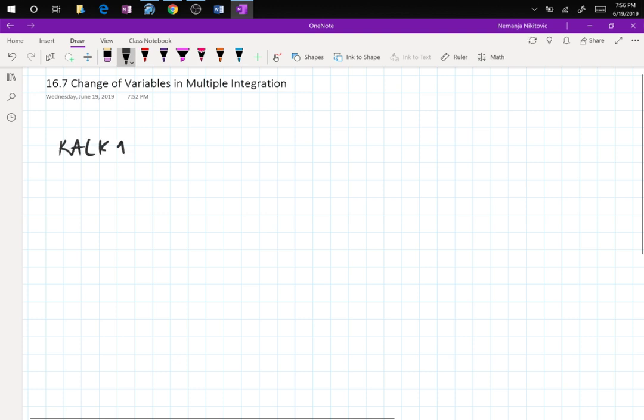So, Calc 1. Integral of x e to the x squared dx. One of the cool problems for U sub. The way to integrate this is to transform the integral from x domain into u domain by creating a transformation function u equals x squared.